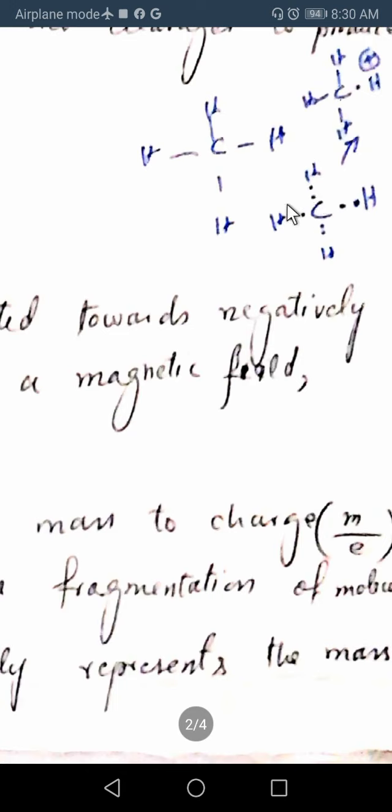Here you can see this CH bond is represented by these two electrons between carbon and hydrogen. One electron is shared by one hydrogen, one electron is shared by carbon. So this pair of shared electrons is present. Similarly here a shared electron pair is present, and here a shared pair of electrons is present.